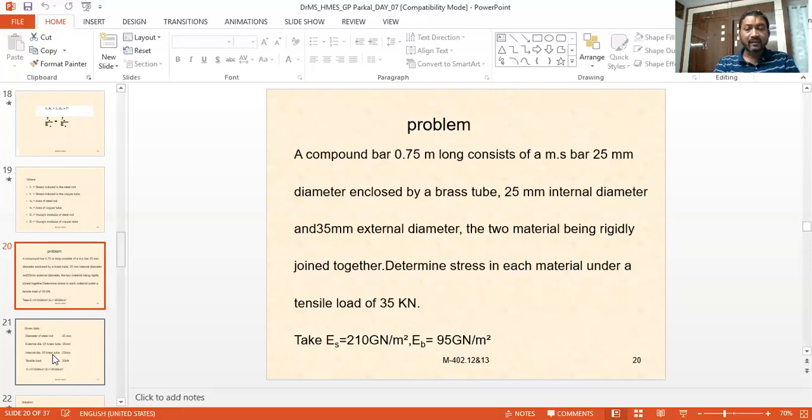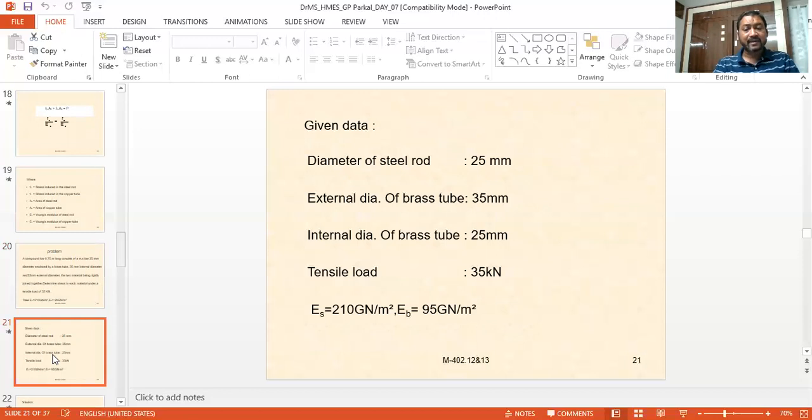Now coming to the solution part, first we have to write down the given data. The steel is a rod, therefore the diameter of the steel rod is ds equal to 25 millimeters. Next, the brass is a tube, having both an external diameter and an internal diameter.